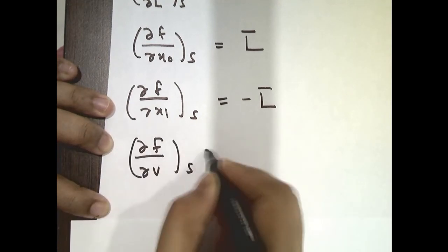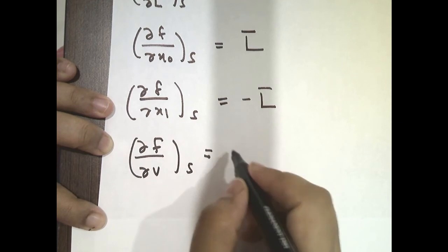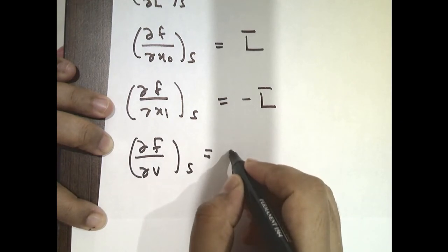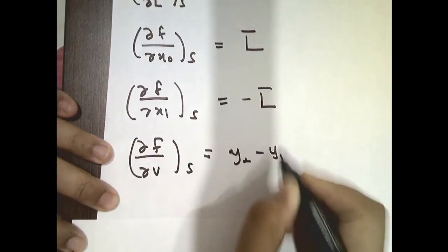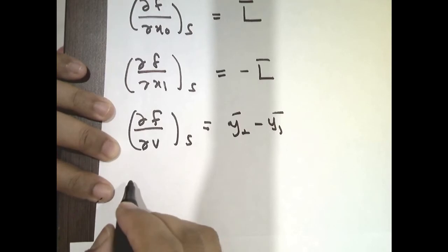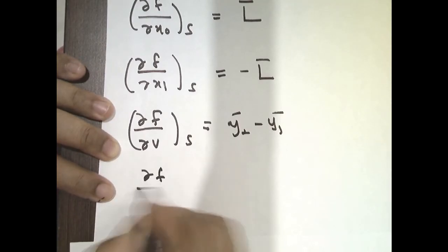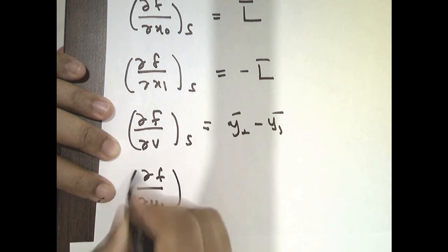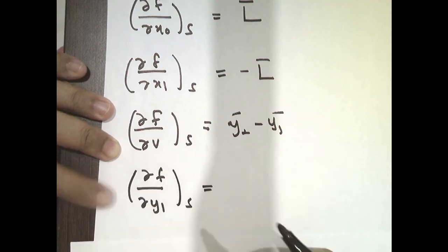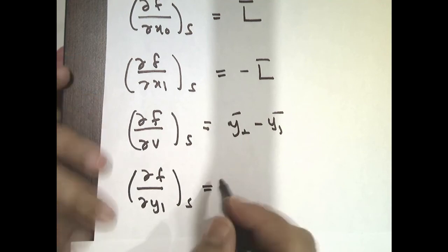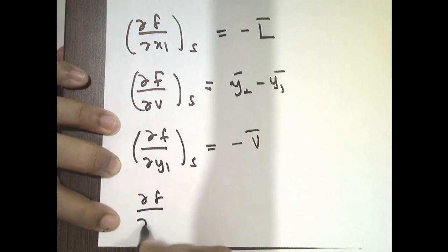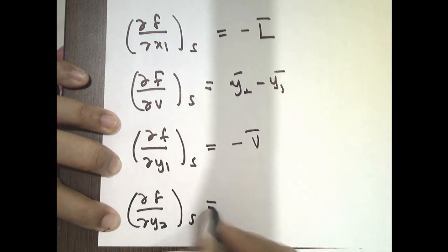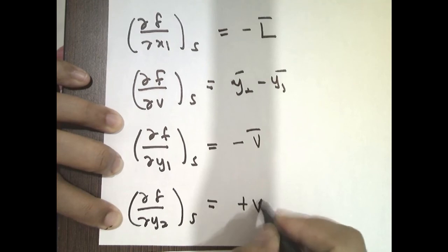Okay, the x1 v steady state v, so negative, sorry, v, so y2 minus y1, and then for delta y1 negative v bar, y2 is positive v bar.